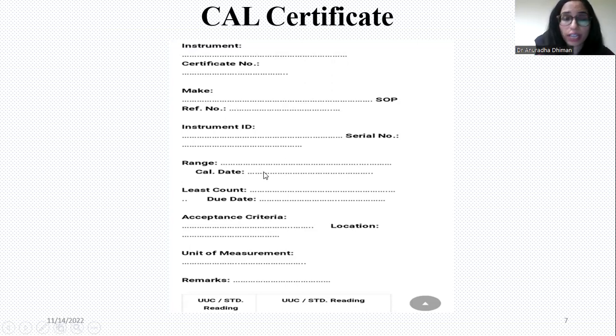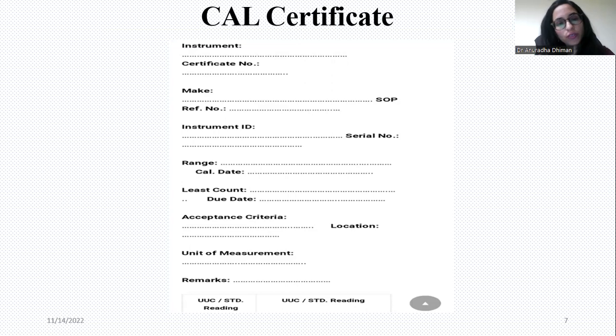This is very important. We need to mention the calibrate range and the date. For example, I am calibrating it today. I need to mention the date, and I need to mention the range of that calibration. For example, if there is a weighing balance, and if it weighs 10 mg as 9 mg, I need to mention minus 1 mg.